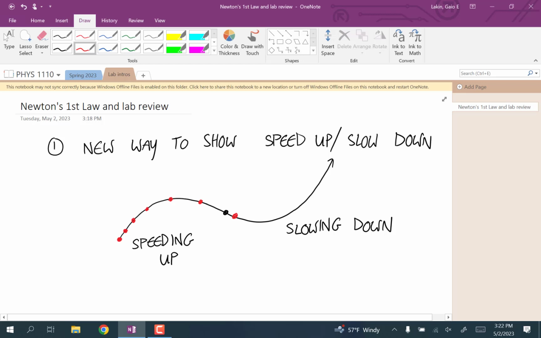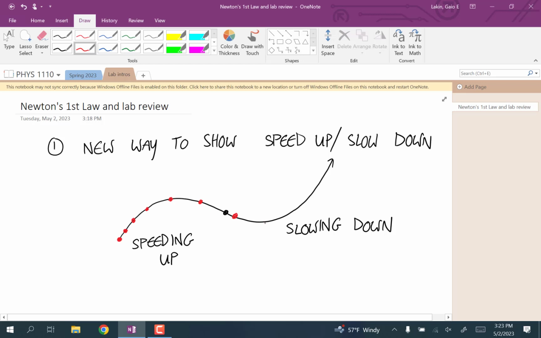And every time we take a snapshot, the same amount of time has elapsed. So if this object starts out going a small distance and is going farther and farther in that amount of time, that means the object is speeding up. So instead of me telling you that the object is speeding up over the interval, I can say that if we're looking at every 10th of a second or whatever, these are the locations of the object. You can visually see that the object is speeding up.